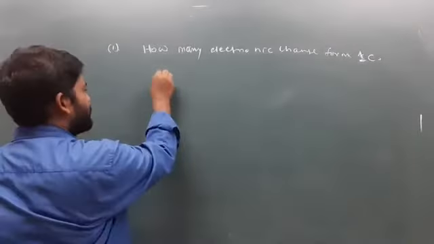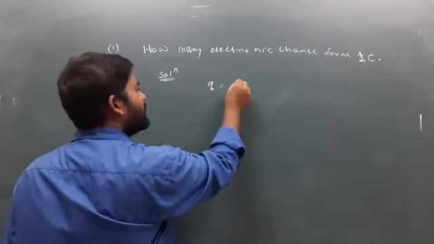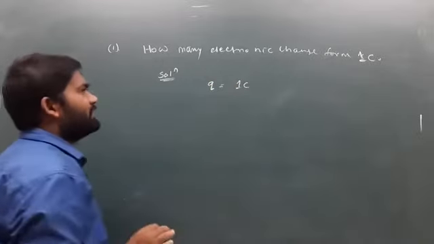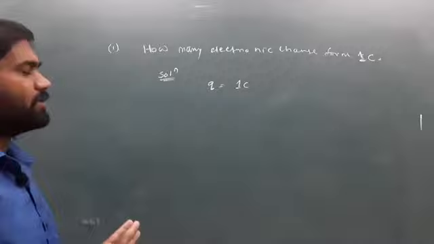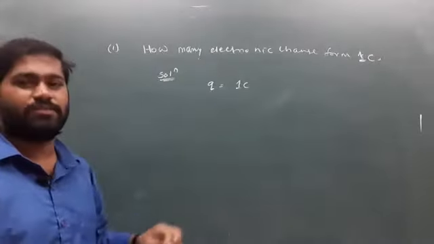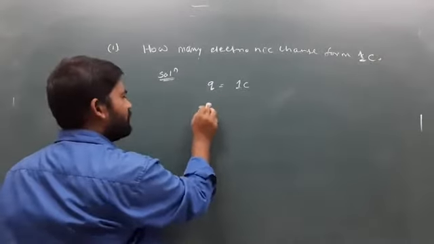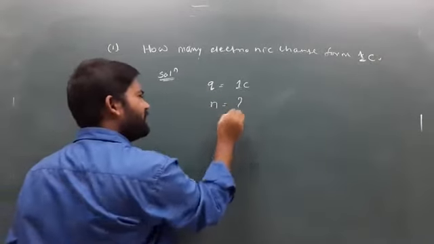So come to the solution. The total charge is given, that will be 1 coulomb. Here the data that we have to evaluate is how many electronic charges, meaning either protons or electrons. So we have to find n.